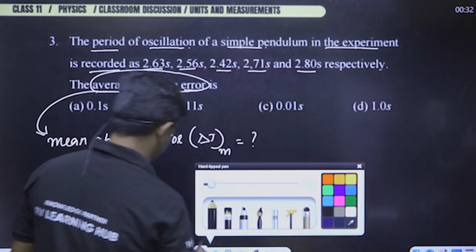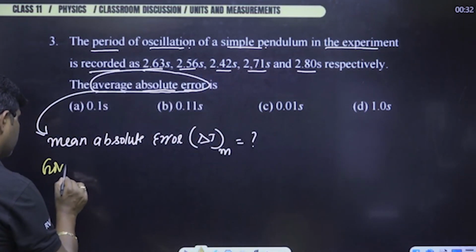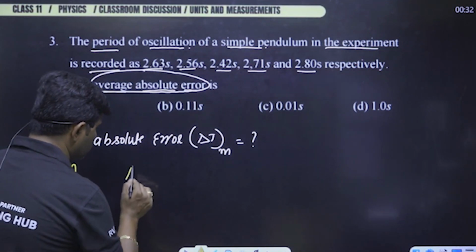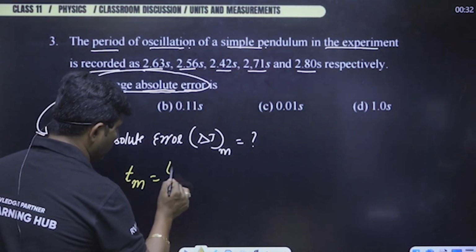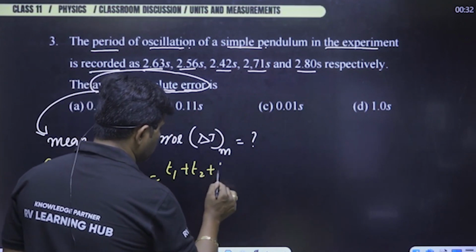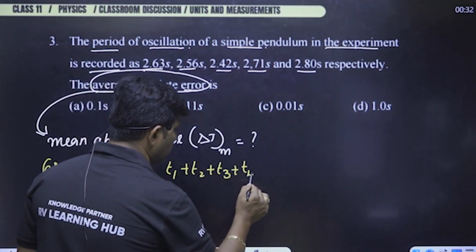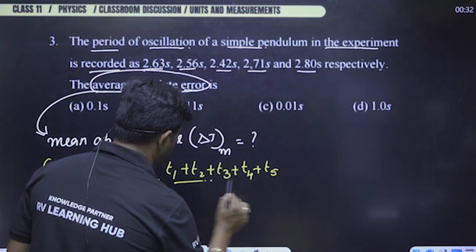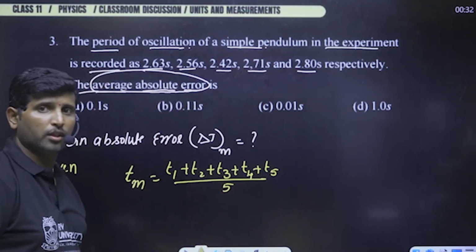How can you simplify this? First of all, calculate the T mean. T mean is always equal to T1 plus T2 plus T3 plus T4 plus T5 divided by the number of observations, that is equal to 5.